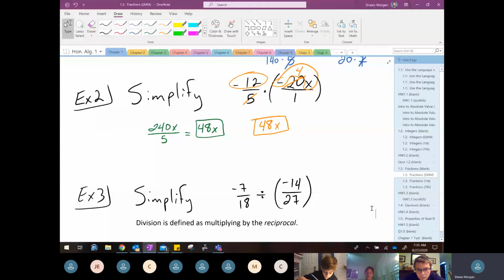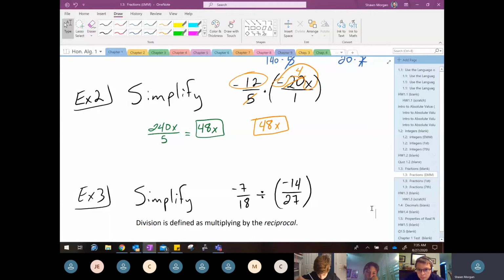So the reciprocal of 3/4 would be 4/3, wouldn't it? The reciprocal of 1/2 would be 2. The reciprocal of -7/3 would be -3/7. So the idea of reciprocal is just, flip the fraction. Don't change the sign, just flip the fraction.